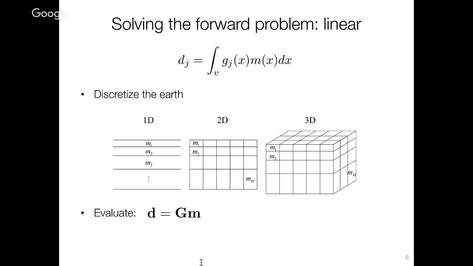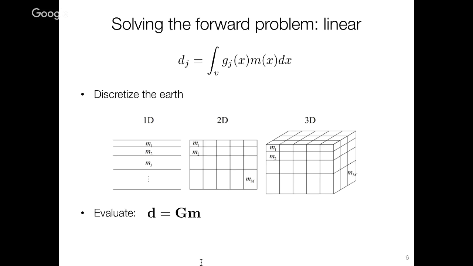So solving the forward problem, we've got something that looks like this. And as I said, this volume could be 1D, 2D, or 3D. So if it's 1D, we're going to discretize it into, say, cells that are just layers. In 2D, then these are cylinders that go into and out of the board. In 3D, these are just cubes. But it doesn't really matter what these are.